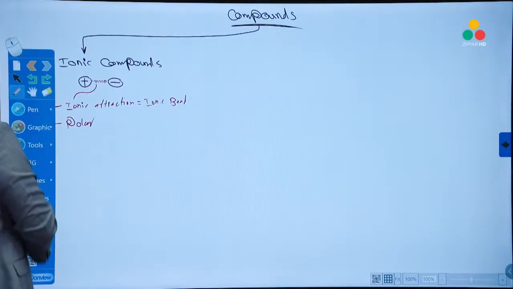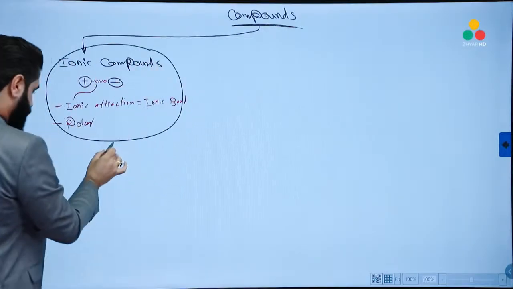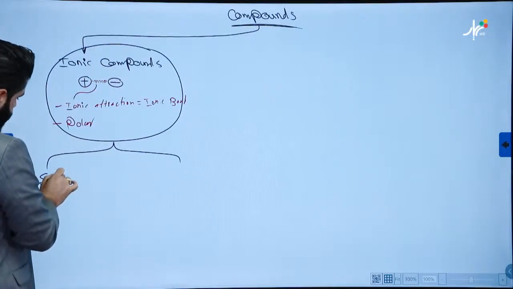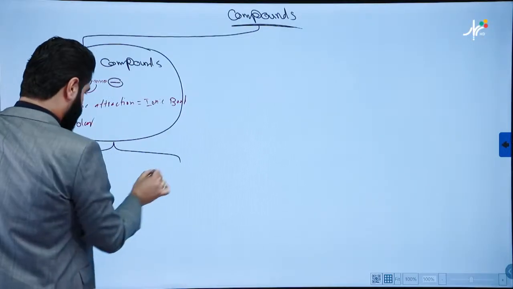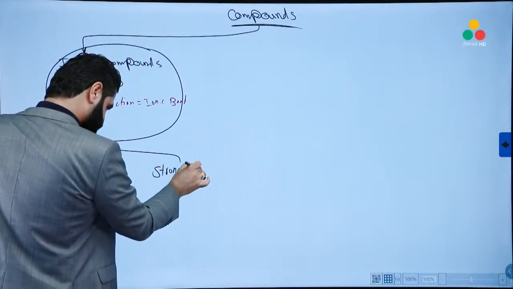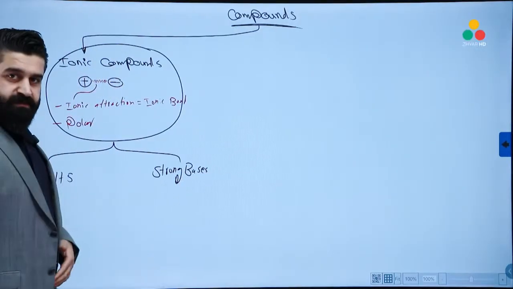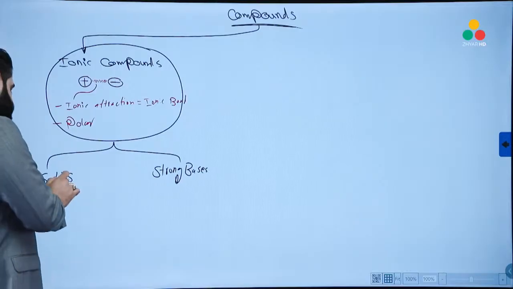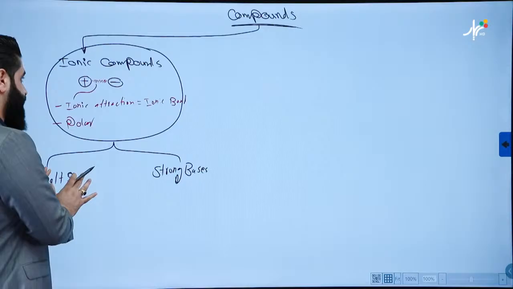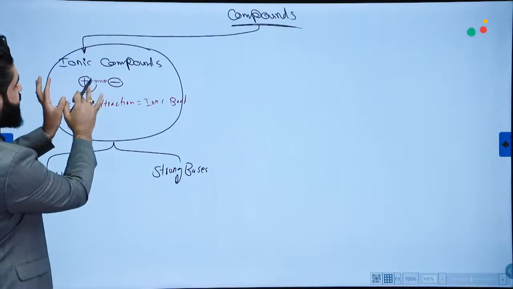Very good. And now there's a further classification for the ionic compounds. Ionic compounds are further classified into the salts and strong bases. So if I say explain salt, salt is an ionic compound that contains an ionic assembly of the cation and anion.